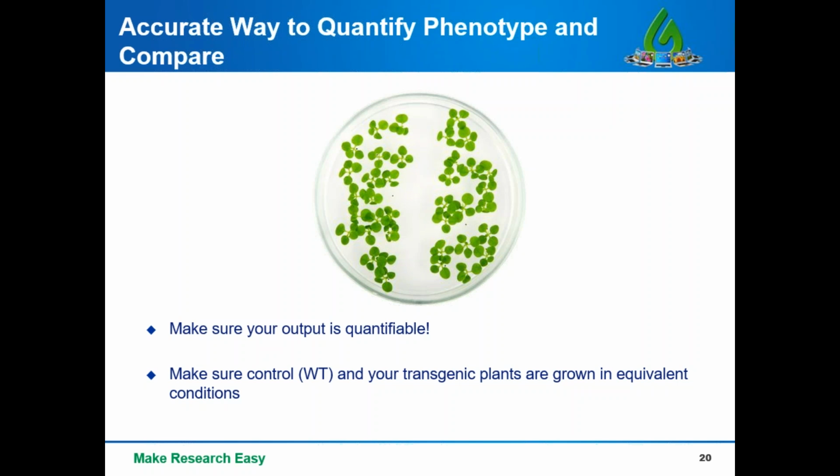Well, this actually would not be the best way to quantify root length, because in order to accurately measure my root length, I would have to pull out each of these seedlings individually, and since the roots are sensitive to any sort of physical handling, they could tear and cause inaccurate measurements of your root lengths and so forth. So you just want to make sure that your setup will help you accurately quantify your phenotype and output. Furthermore, you also, once again, want to make sure that your wild type and your transgenic plants are grown in equivalent conditions.